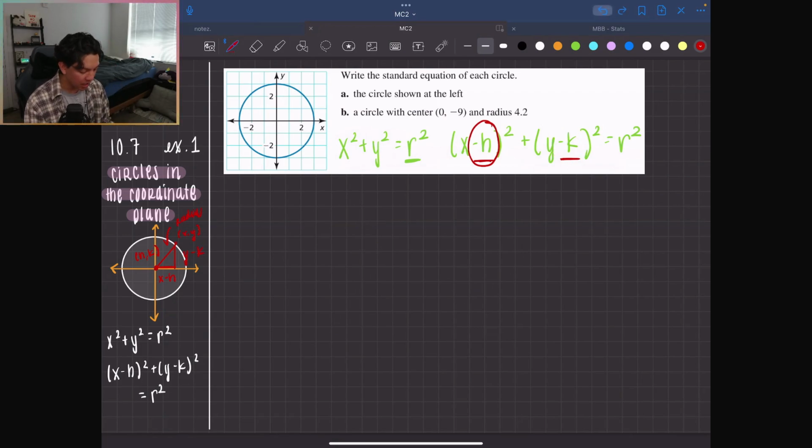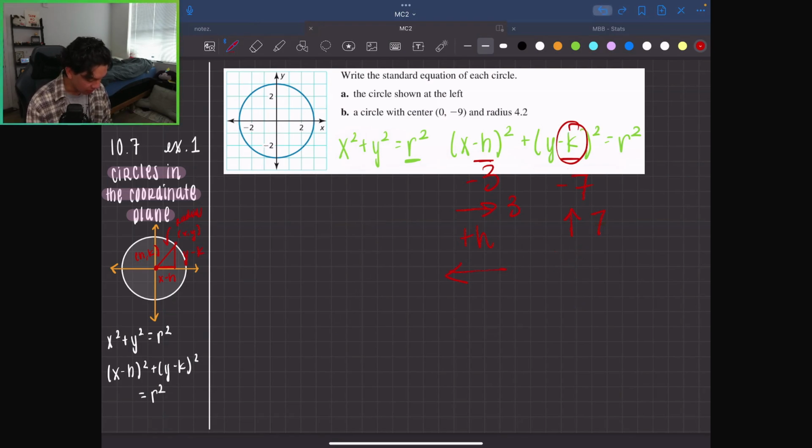So whenever we have a -3, for example, that means we're going to the right 3 units. If at any point we have a positive h, that means we're going to go to the left, okay? Whenever we have a negative k, like -7, that means we're going to go up 7 units. But if we have a positive k value, that means we're going to go down instead, okay? So it's kind of like the opposite sign that you see connected to the h or k is the direction that you're going to go.